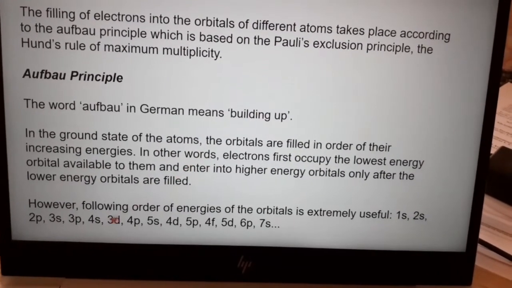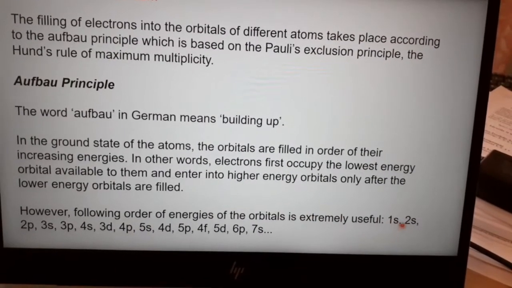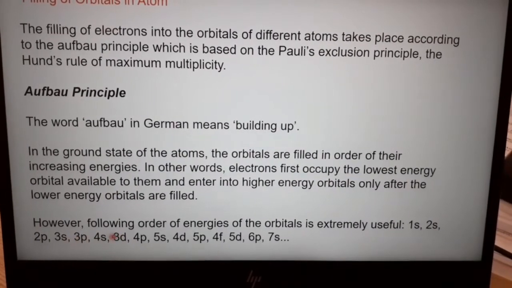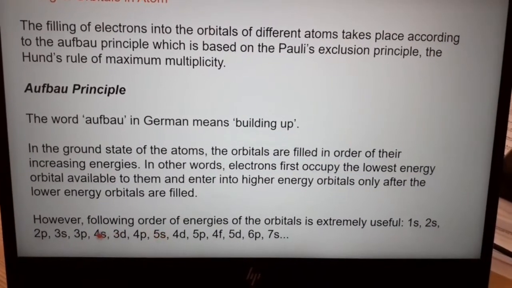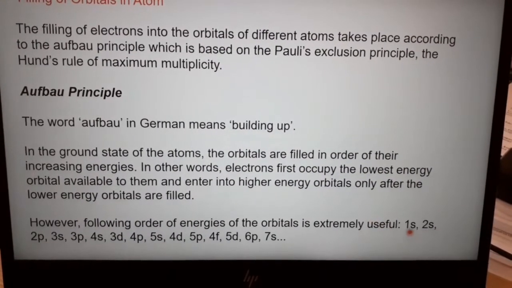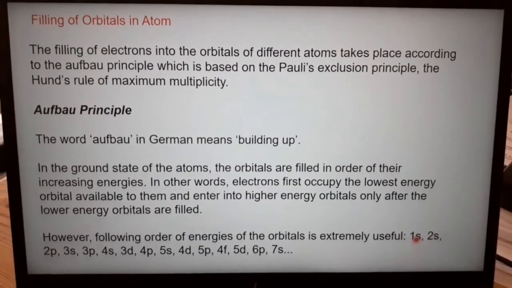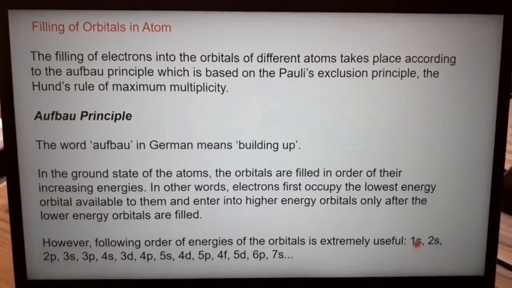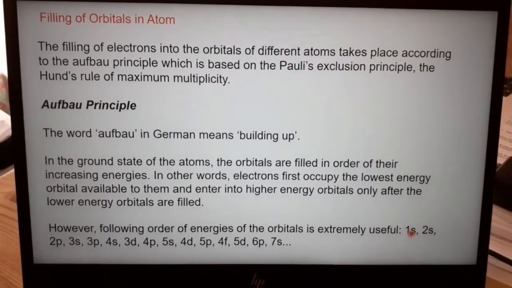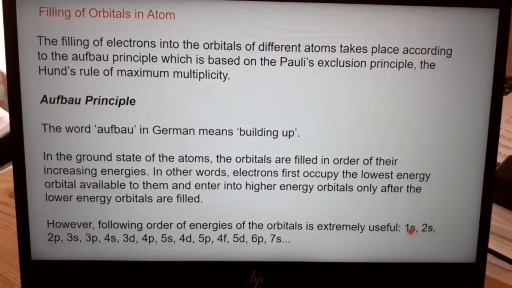According to that, I have put these in order: 1s, 2s, 2p, 3s, and you can find this in your textbook as well. These orbitals are filled one after another. How each orbital is filled by electrons is discussed by the Pauli exclusion principle and Hund's rule of maximum multiplicity.